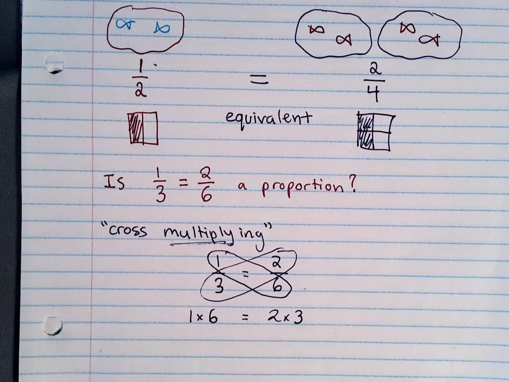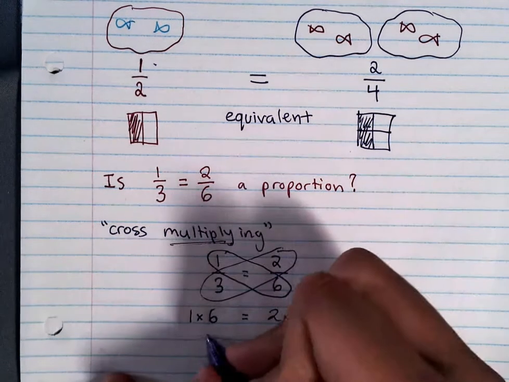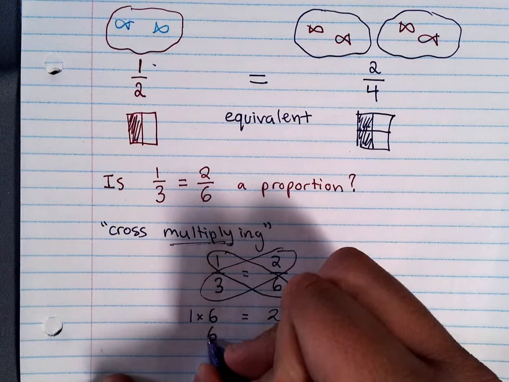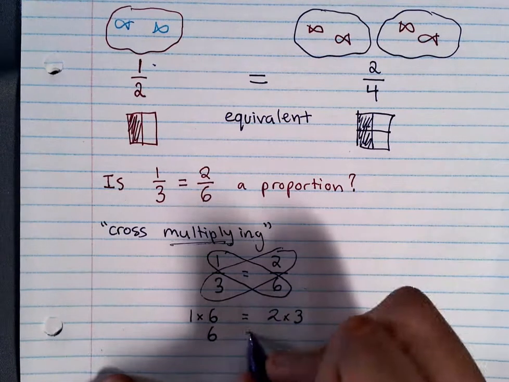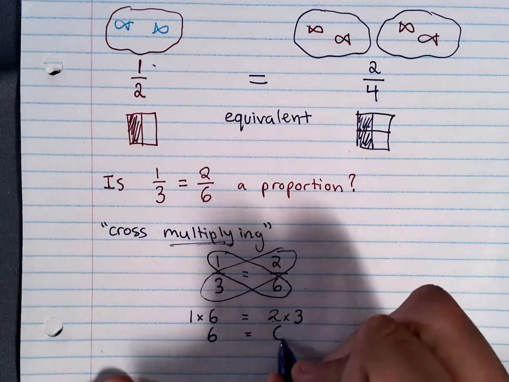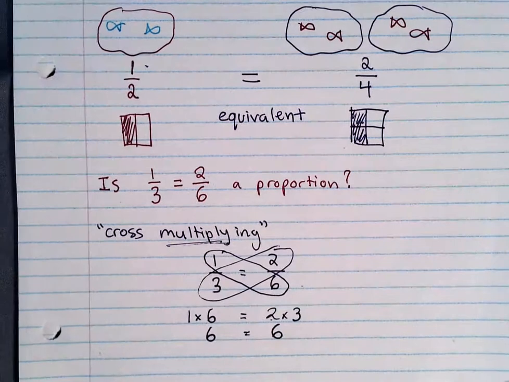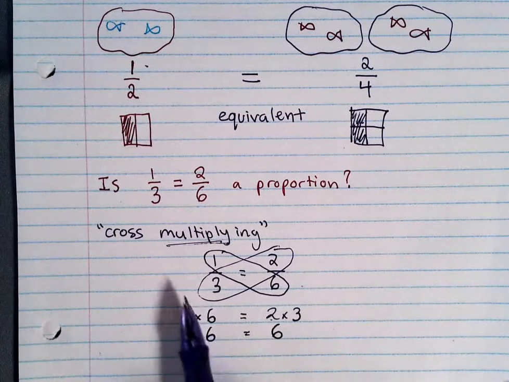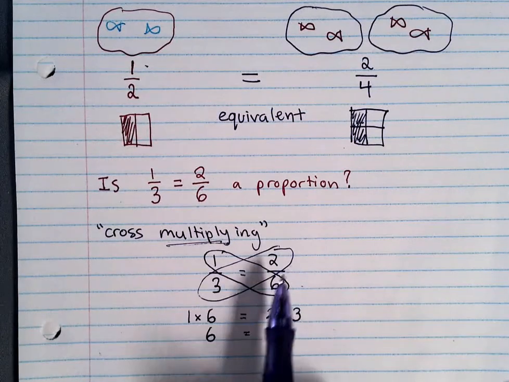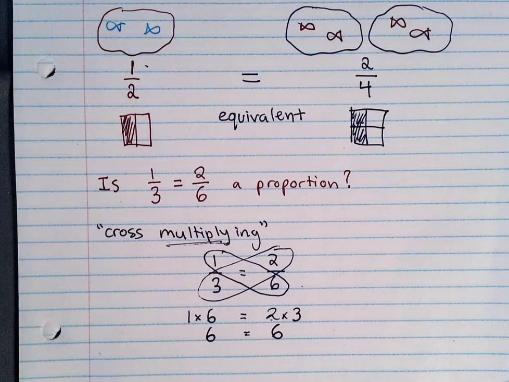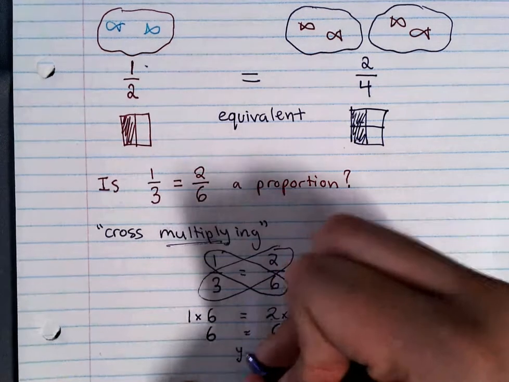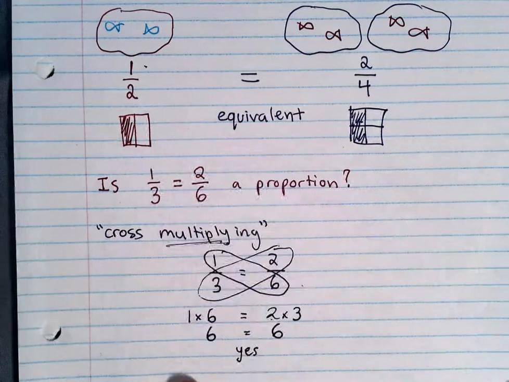We can use our calculator, but in this situation I don't think we need one. 1 times 6 is 6, and 2 times 3 is 6 as well. So, is this a proportion? It sure is. In the questions on page 76, it will say just write yes or no if it is a proportion, and we can say yes, it is a proportion.